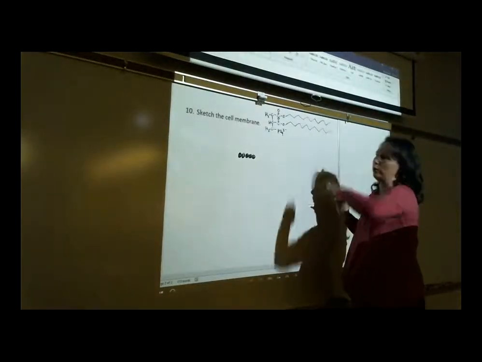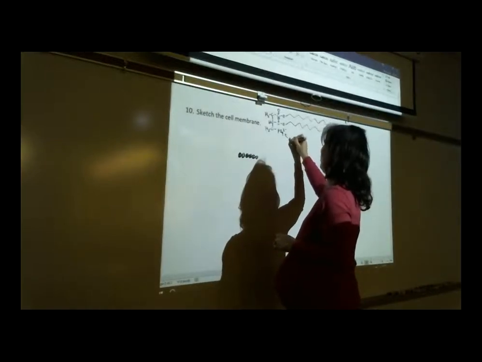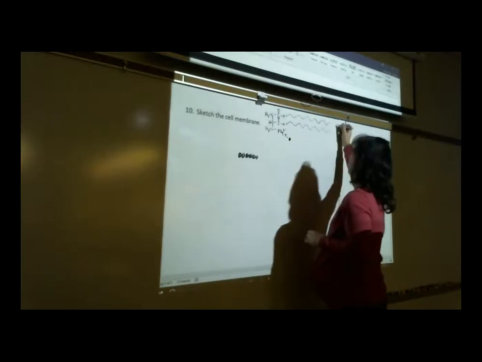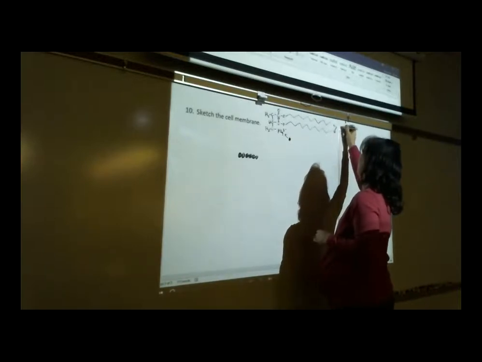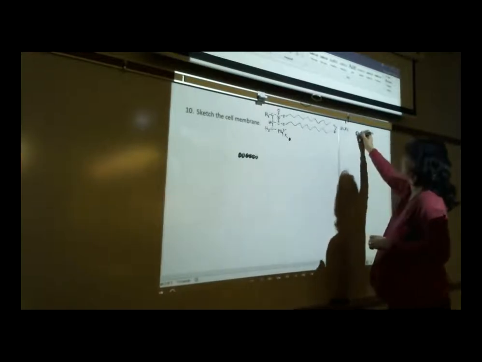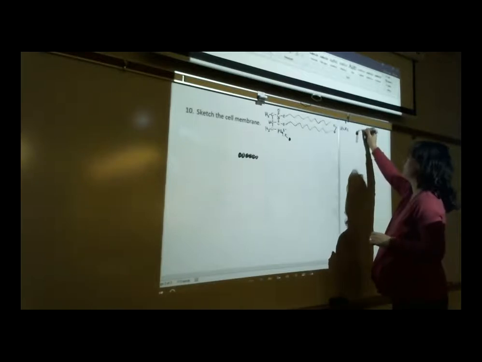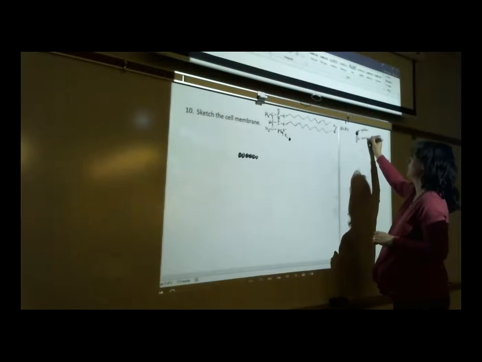You're drawing a phosphoglyceride. This part is the circle, and this part is the sticks, so it looks like that in your textbook. This part is polar, this part is nonpolar.